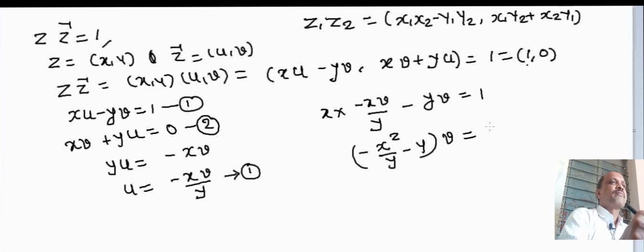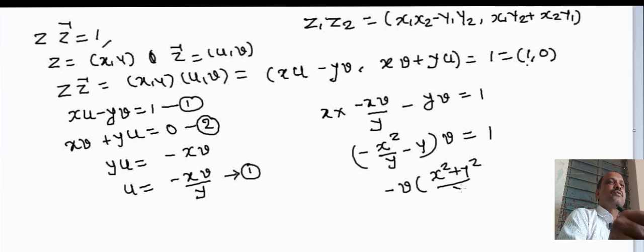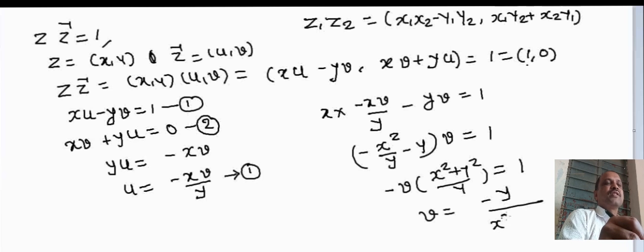Again we can take minus 1 common, and let us take the reciprocal of this by cross multiplication. So, minus v into x square plus y square divided by y equal to 1. Now we get v equal to minus y divided by x square plus y square. This is my v. Okay.